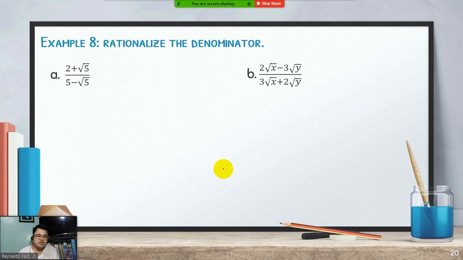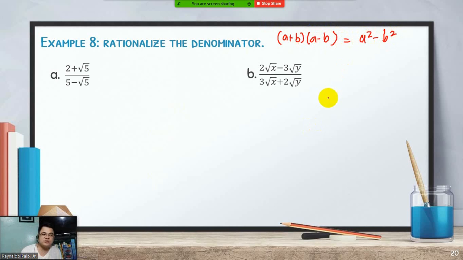Next, rationalize the denominator. So as you can see, both examples have a denominator of a binomial with a radical. So here we will be applying the sum and difference of binomials, or the special product. So remember, for the sum and difference, if we have a plus b times a minus b, we will be having an answer of a squared minus b squared.